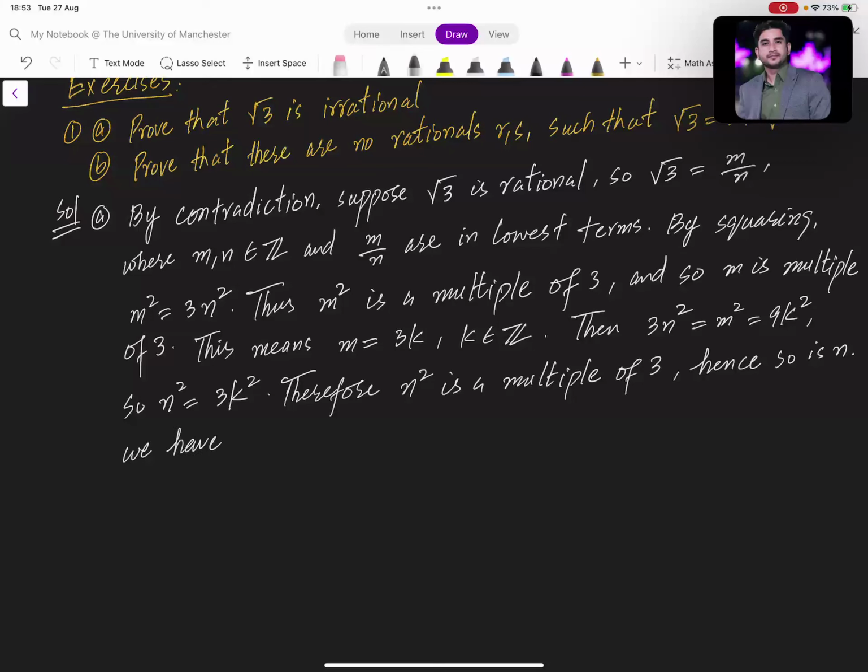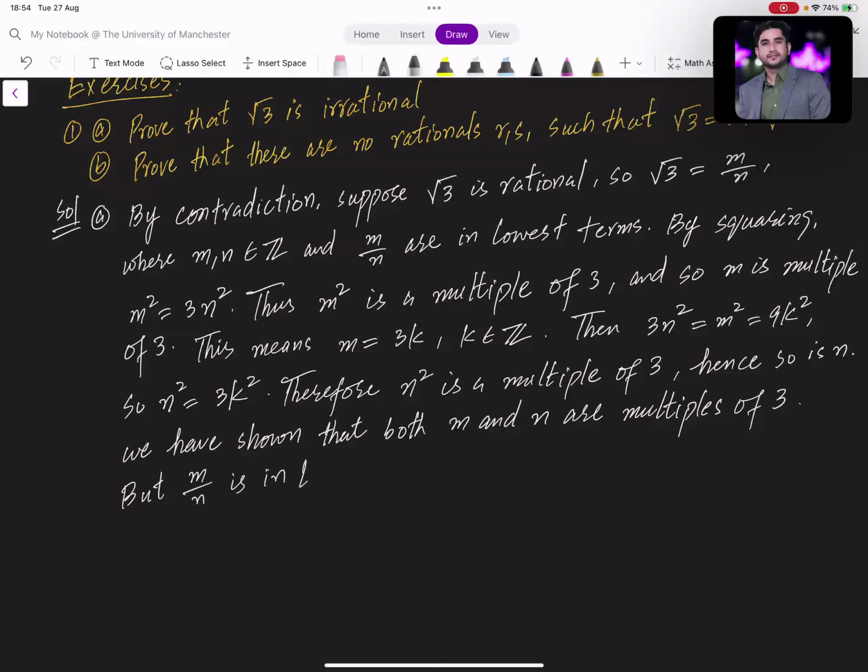We have shown that both m and n are multiples of 3, but m over n is in lowest terms in the assumption.